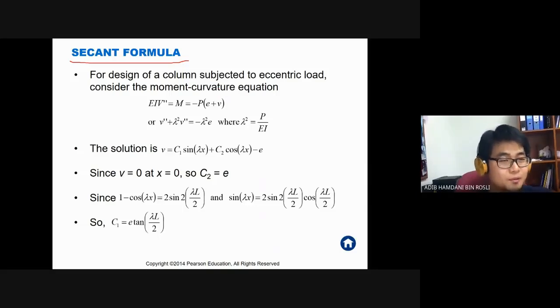So the secant formula discusses how to account for eccentricity when it is non-ideal, where the load is not applied at the centroid. So what happens to the deflection?